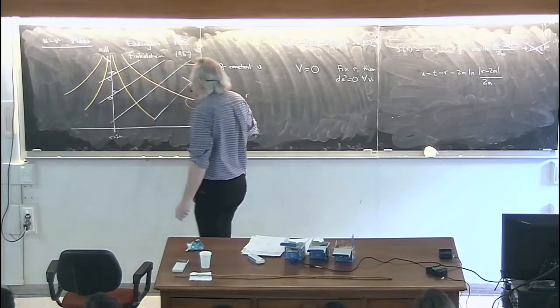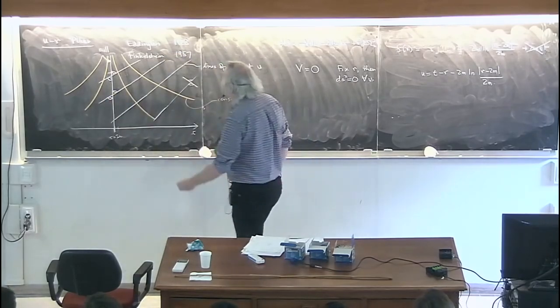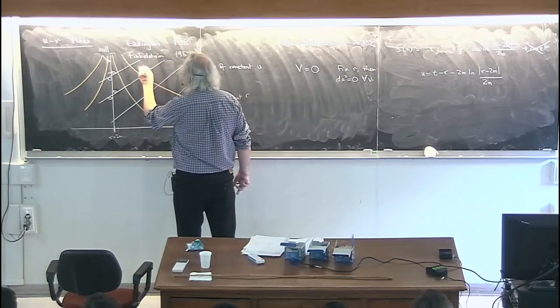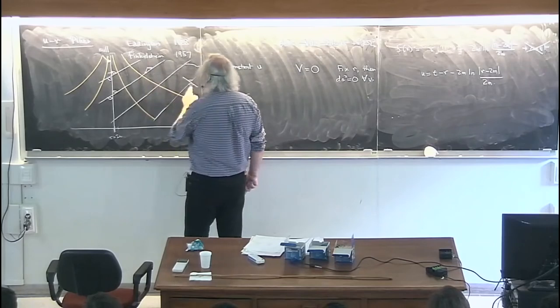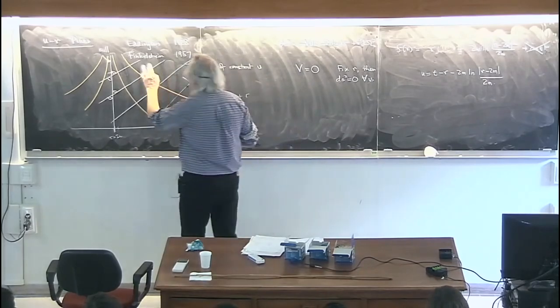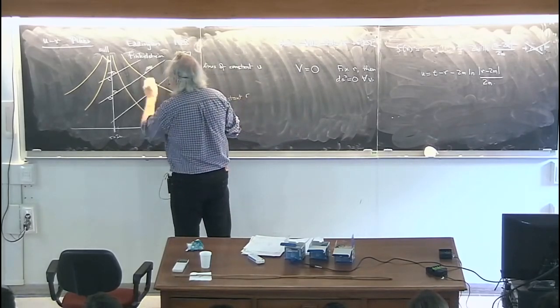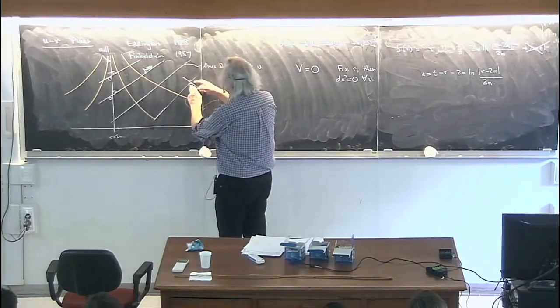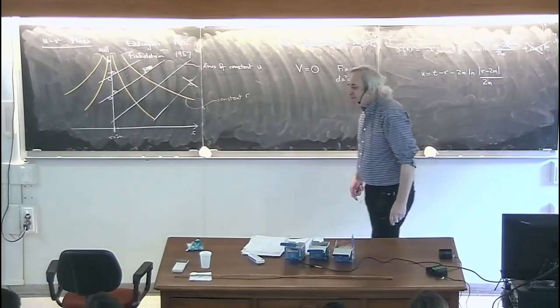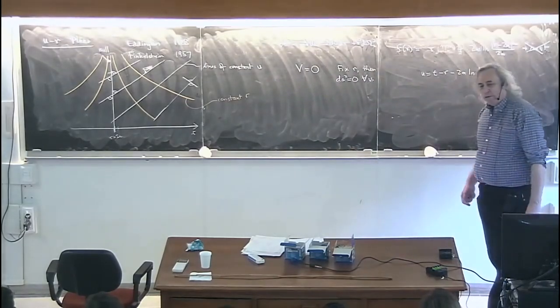But when you get to, say, somewhere like here, they start to tip over, and they just sort of look like that. And out here, they don't look like that. They look just like in Minkowski space. So this is telling you something strange.